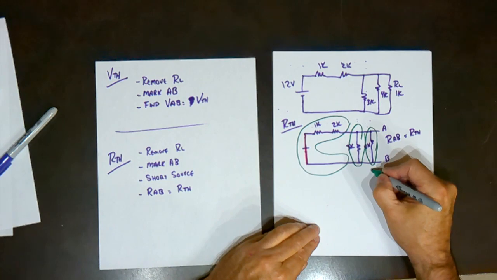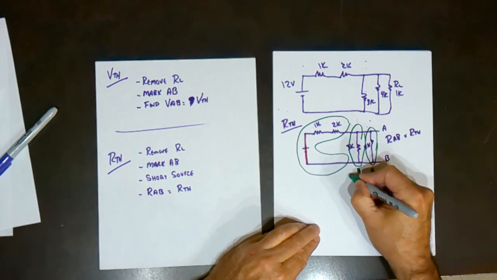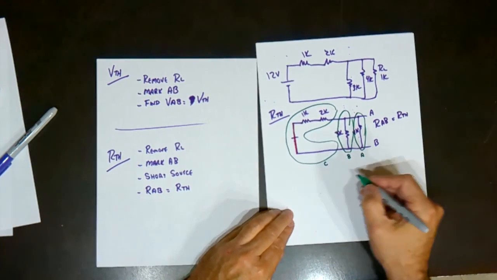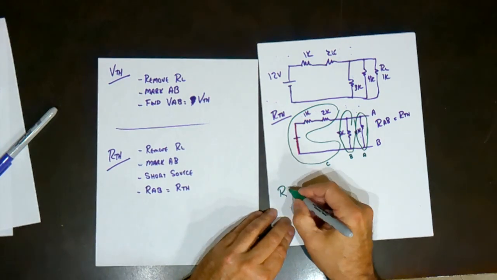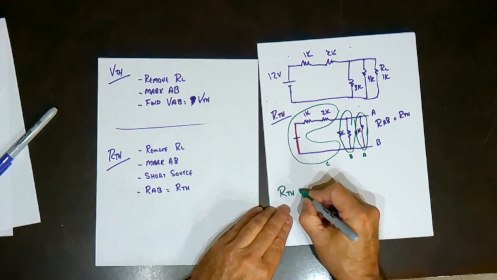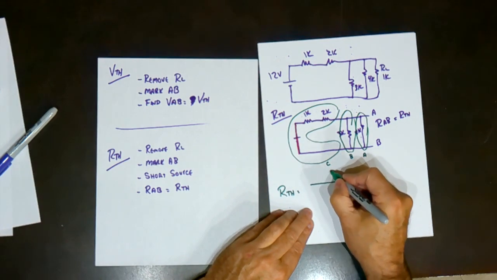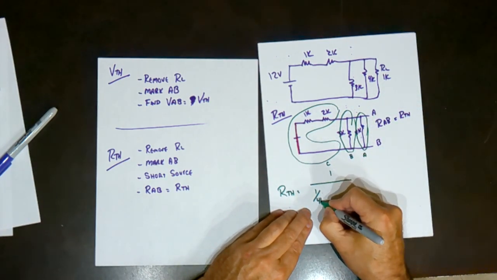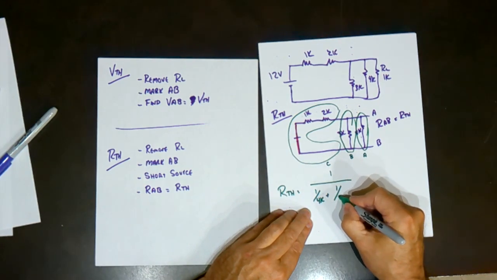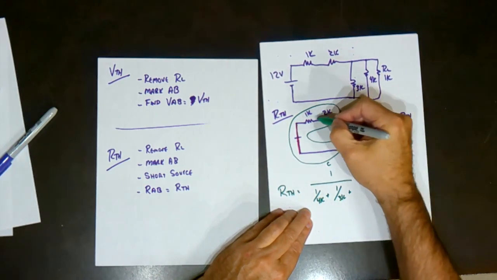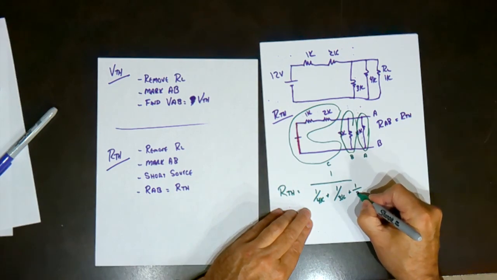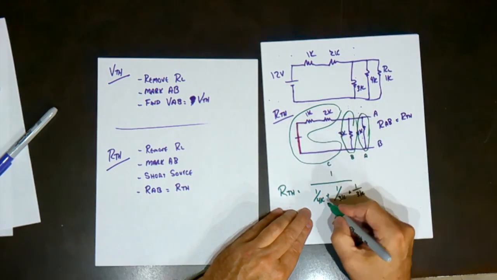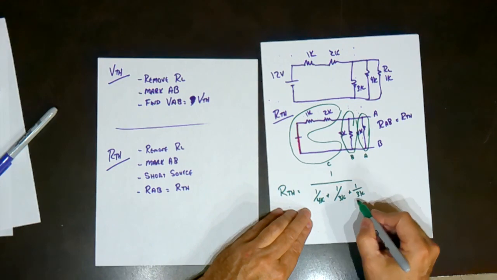So this could be branch A, B, and C. And so R Thevenin is equal to 1 over, this is 4K, plus 1 over 3K, plus 1 over 3K. So this is A, B, and C.